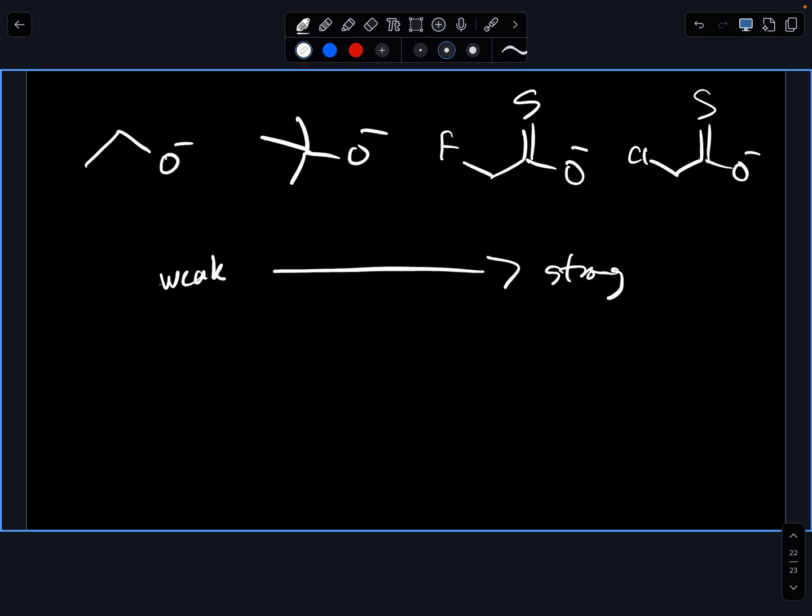The third one is the possibility for resonance structures. Do any of these four have a possibility for a resonance structure? Well, yes, we can draw a resonance structure that looks like this.